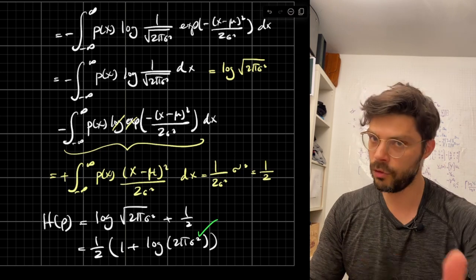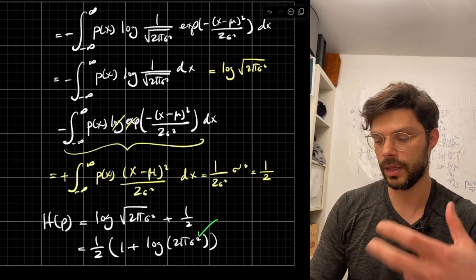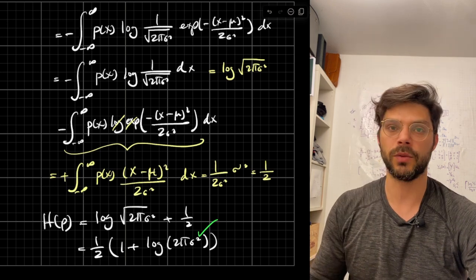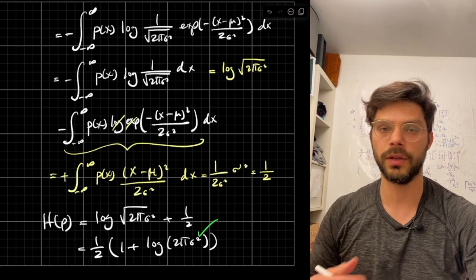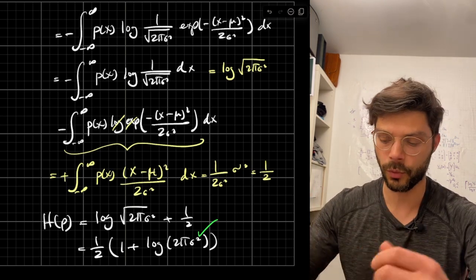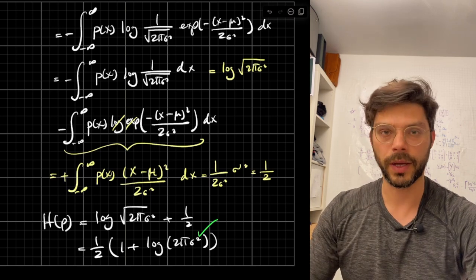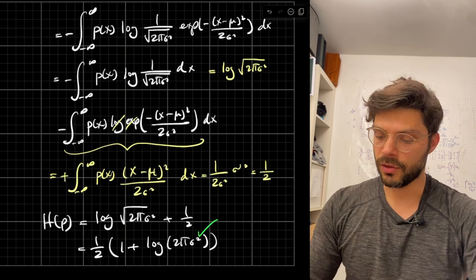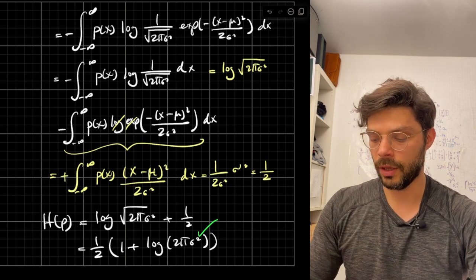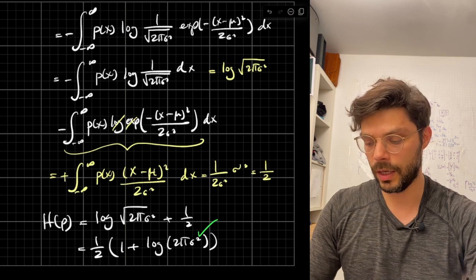For the third one, there were two parameters, and it wasn't exactly clear, so we actually had to work it out. And we saw that indeed the differential entropy of the Gaussian increases with the variance, as we expected. So hopefully that helped you do some of these computations. They're pretty straightforward, and it should give you a better feel for differential entropy.